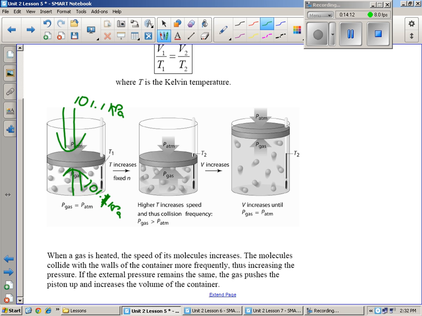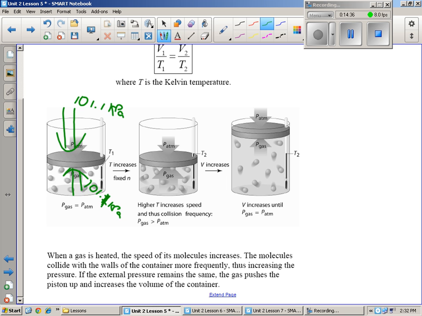Yeah, depending on what it needs to do to equalize out again, yes? And in fact, if the pressure in this room is 101.1, I guarantee you that plunger will move up or down, depending on what it needs to do, so that the inside part equals 101. Because if the outside part's 101 and it's 90 in here, it's going to go down until those two equal out, right? Why wouldn't it?